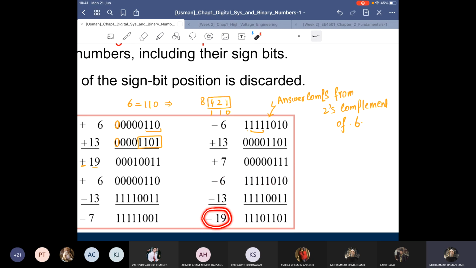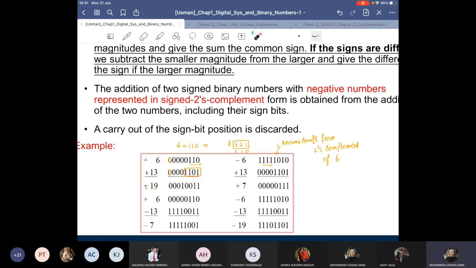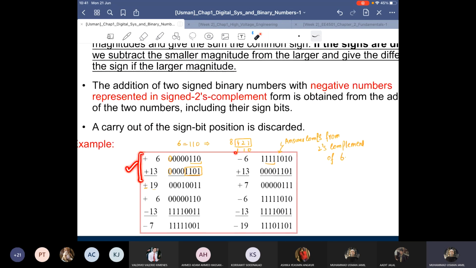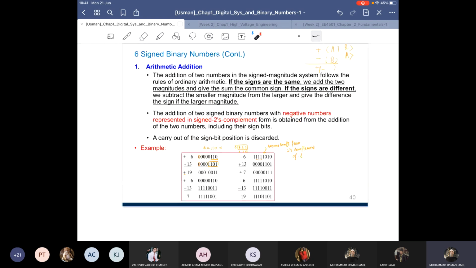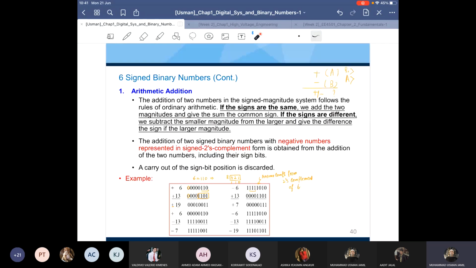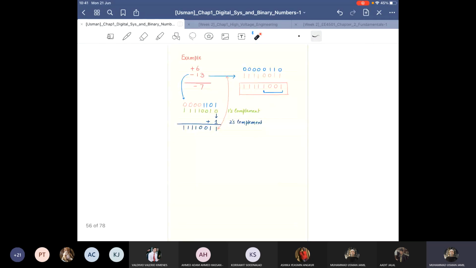Then you will get this answer, minus 19. Hopefully you can do this one, because we did this one, this one, and this one. So you can do this at home. This is the arithmetic addition for signed binary numbers.